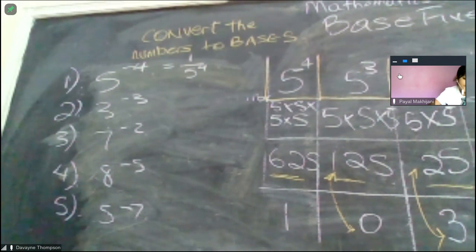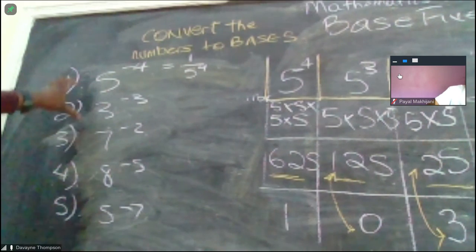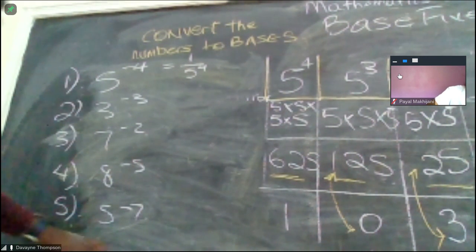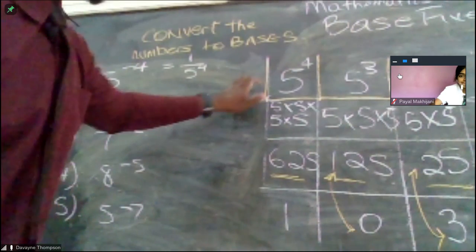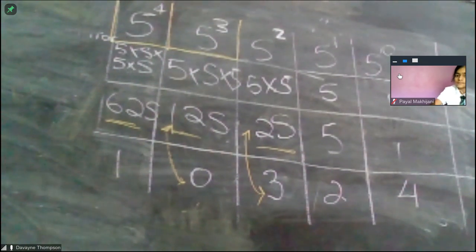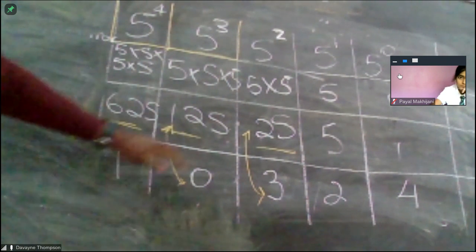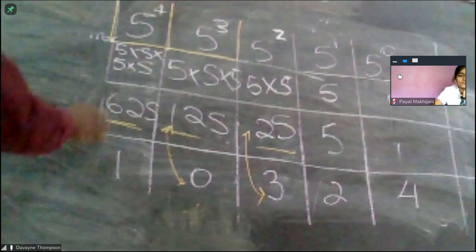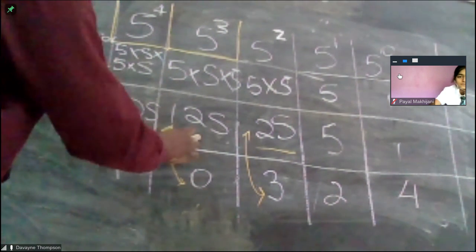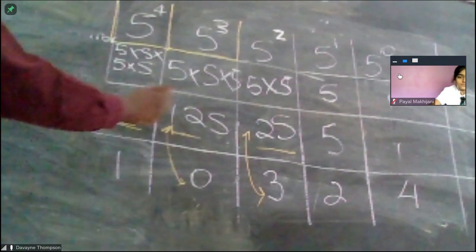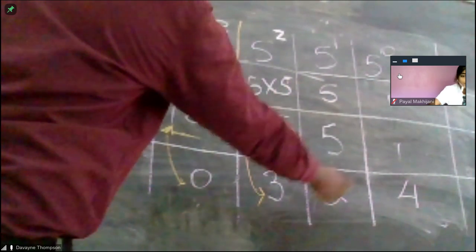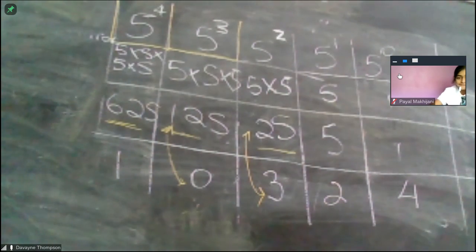So coupled with this one, you have 5 questions, and then the question from before, where you're going to convert this table into base 5. I gave you the steps. You're now going to work out 625 times 1 plus 125 times 0 plus 25 times 3 plus 5 times 2 and finally plus 1 times 4.